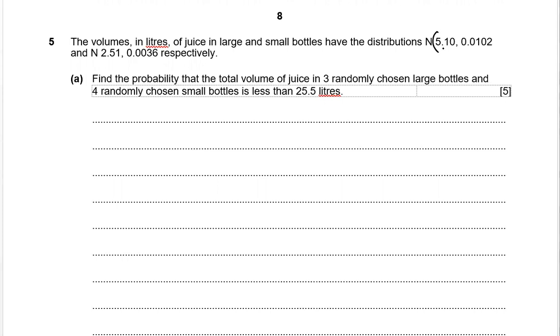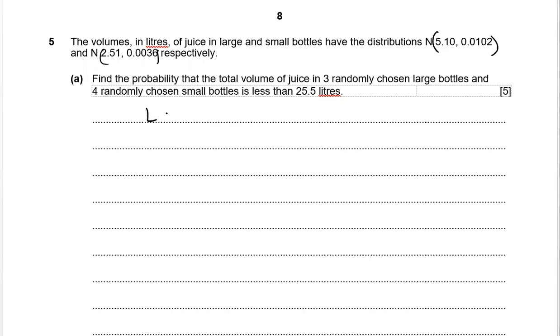So it says that there is an n 5.1 comma this, and the other n values are this. Find the probability that the total volume of juice in 3 randomly chosen large bottles is less than 25.